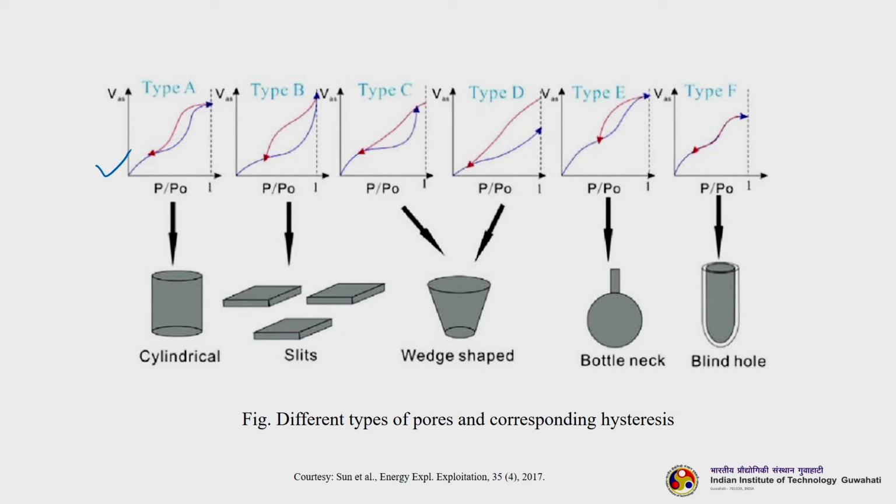If pores are slits, then we can have a broader hysteresis plot, and if we have waist shaped pores, we can have these two different types of hysteresis curve, type C and type D. If the pores are a bottleneck, then type E hysteresis curve is obtained, and if we have a blind hole, then you can see the adsorption and desorption are falling on the same line.